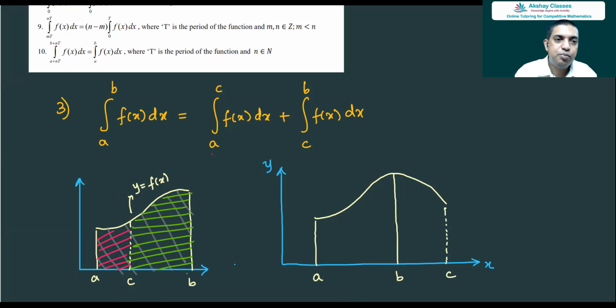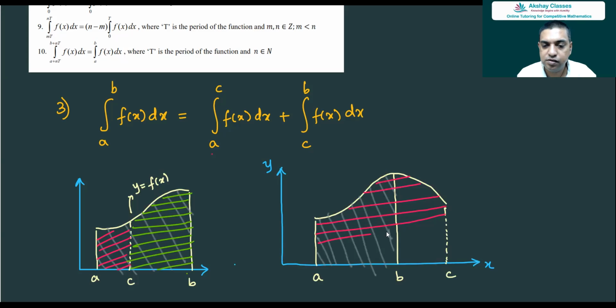Now when you say a to b, again with the pencil shade we mark, the left hand side is integral a to b f of x dx. This is the shaded portion. Now integral a to c, I'll mark with red. It is this total area. So this shaded portion and this extra portion from b to c, that will be a to c.